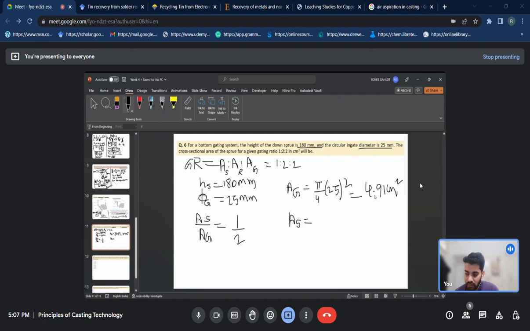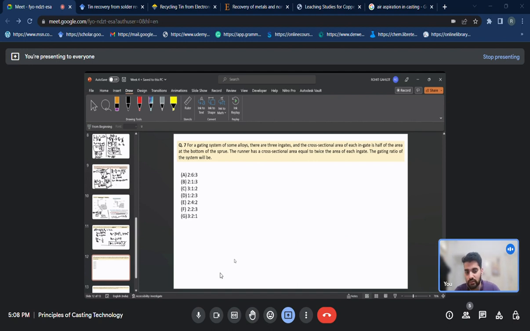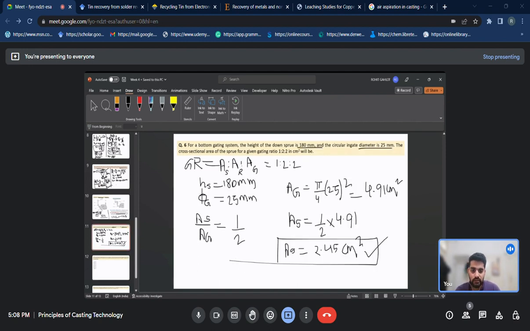So you can directly halve this area, and area of the sprue will be half multiplied by 4.91. So you will get around 2.45 centimeter square as your area of the sprue. So this is your answer. If anyone has any doubt in this question, we can discuss, or let's move to another.